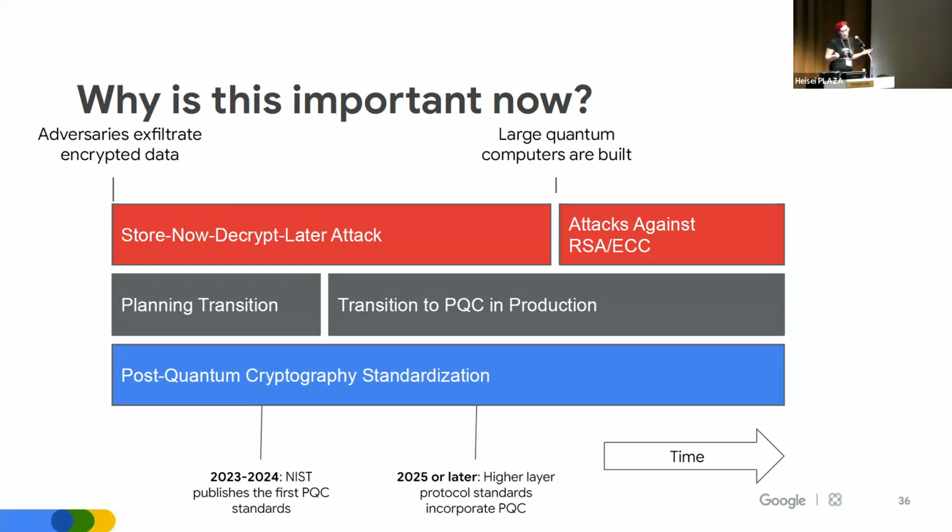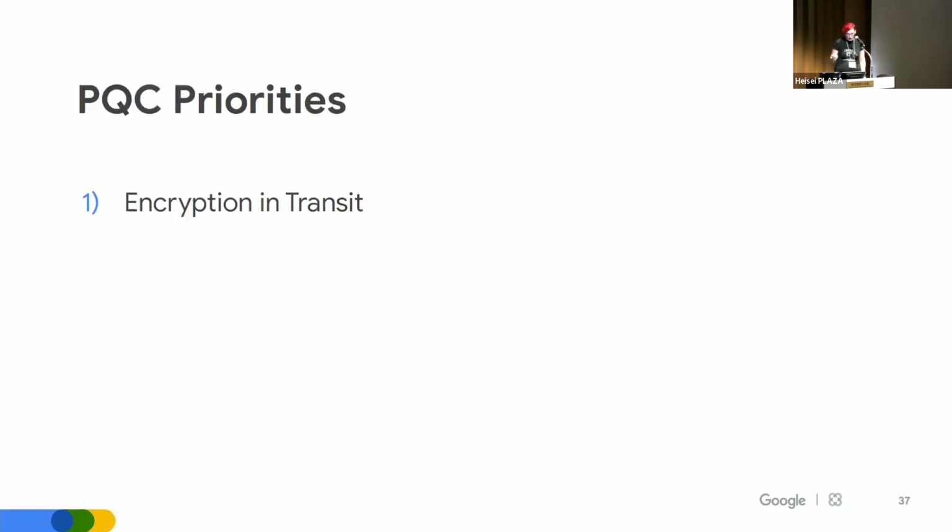The main risk that we have for encryption in transit is store now, decrypt later attacks, which means that an adversary doesn't need to have a quantum computer right now. They can store the ciphertext of something that they're interested in and decrypt it at a later date. So this means that if we want something to be kept secret for 10 to 15 years, we need to start on this migration now.